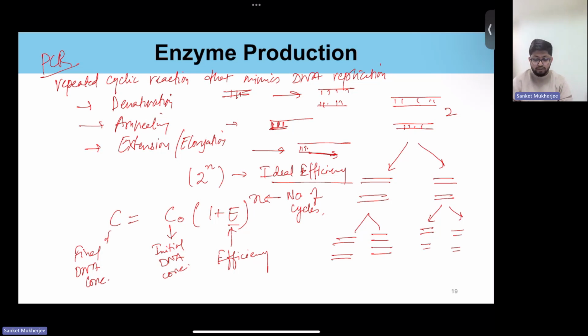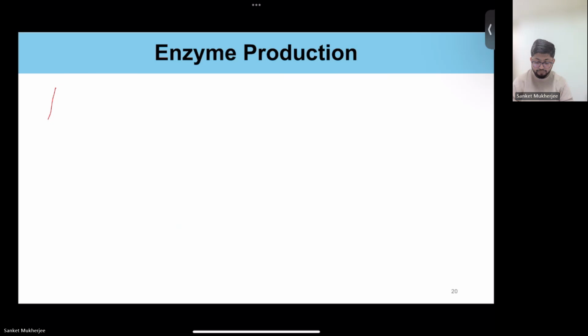Now, if we look at the thermal cycler and what happens in it, there is an initial denaturation phase, let's say 95 degrees for 5 minutes. Then there's a cyclic process: 95 degrees for 30 seconds, then annealing at 55 degrees for, let's say, 30 seconds.